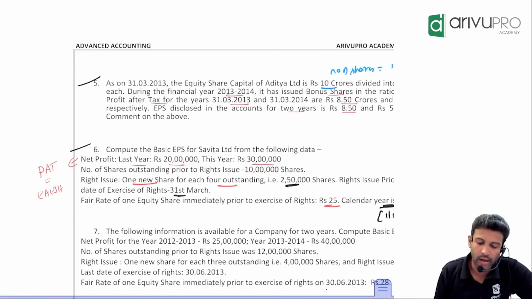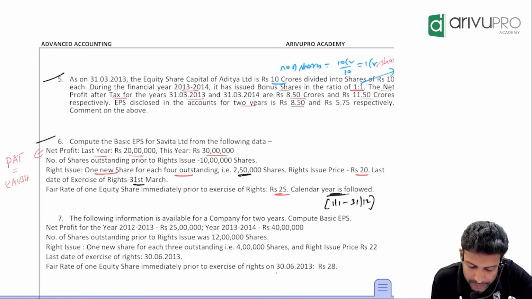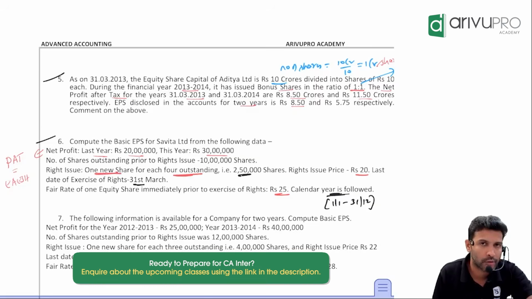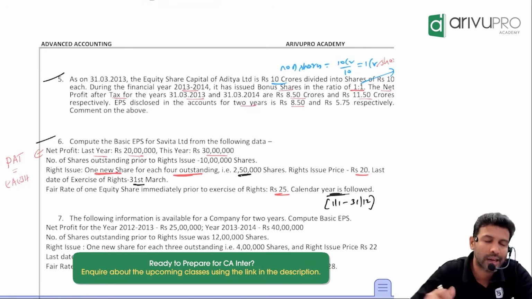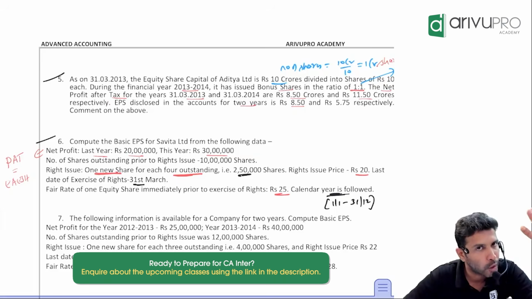Okay. Number of shares outstanding prior to the rights issue. Before the rights issue, how many shares we had? 10 lakh shares. Now the company is coming out with a rights issue. What is that? 1 new share for 4 outstanding. If you have 4 shares already, then you are eligible as a shareholder to buy 1 more.